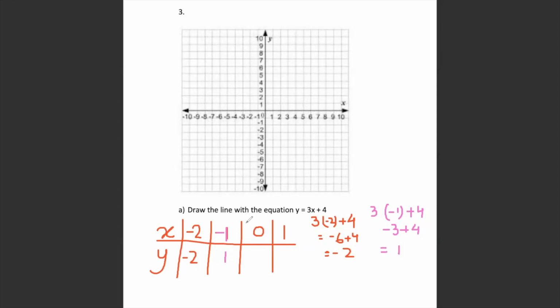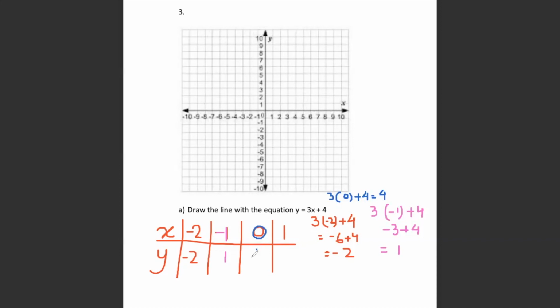Now for x equals 0, let's take a blue color. X equals 0, it will be 3 times 0 plus 4. So that's just a 4.